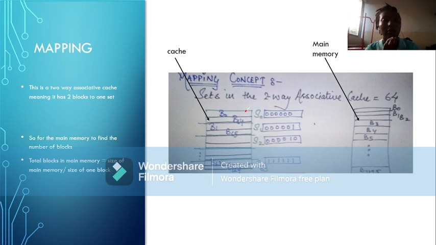Always know that the cache is structured from the main memory, where the blocks have been grouped into sets inside the cache. To find the total blocks inside the main memory, it is the size of the main memory divided by the size of one block.